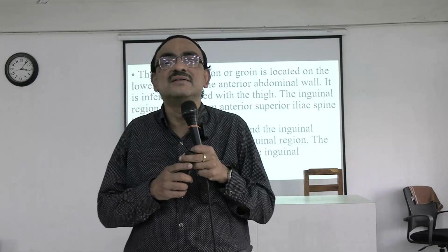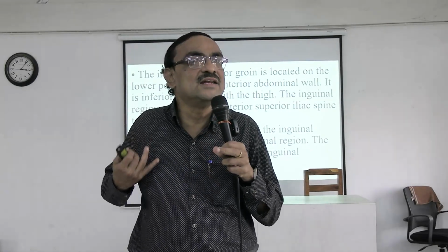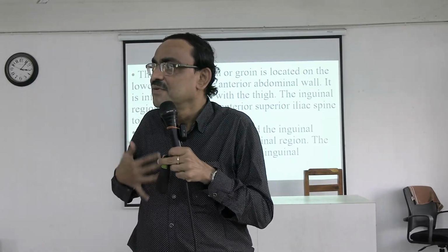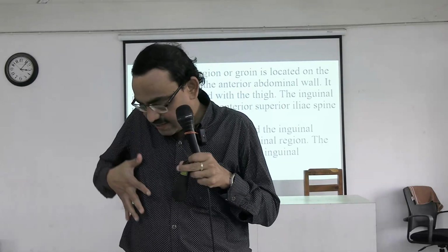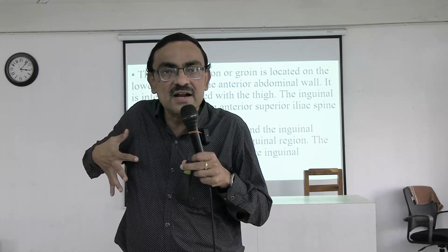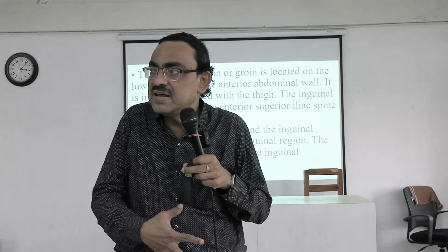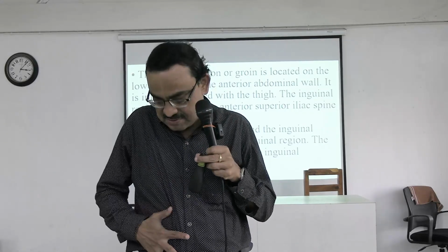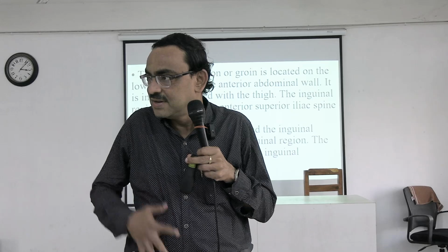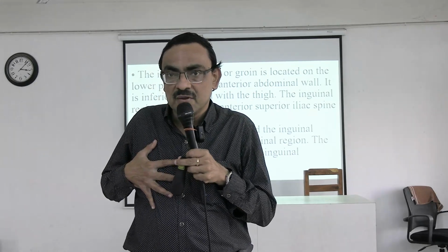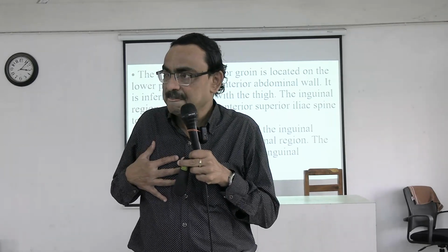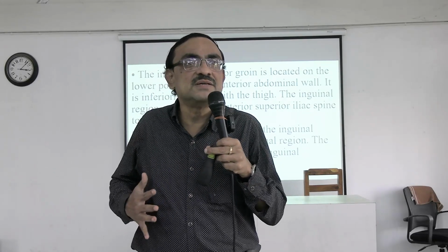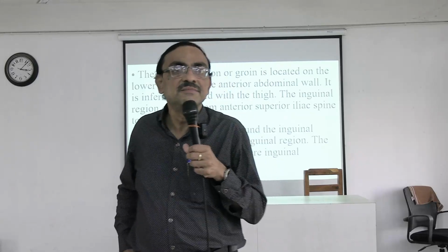this external oblique, which is analogous with external intercostal, takes origin from the lower 8 ribs, and its fibers are directed downwards, forwards and medially, like when you put your fingers in the pocket. And all these three muscles have a peculiarity.